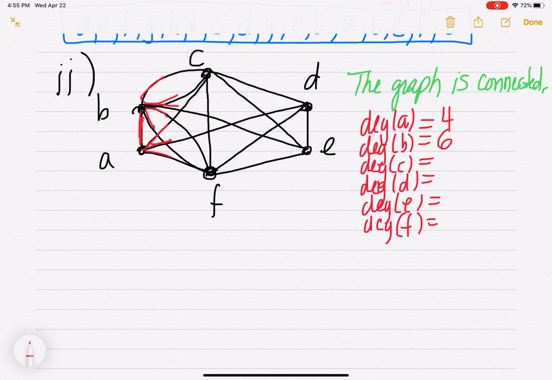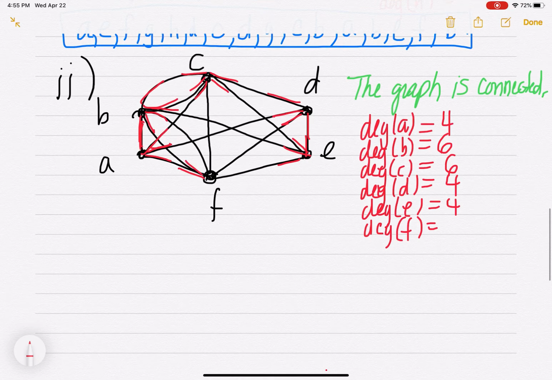C is going to have degree 1, 2, 3, 4, 5, 6. D is going to have degree 1, 2, 3, 4. E is going to have degree 1, 2, 3, 4. F is going to have degree 1, 2, 3, 4, 5, 6.